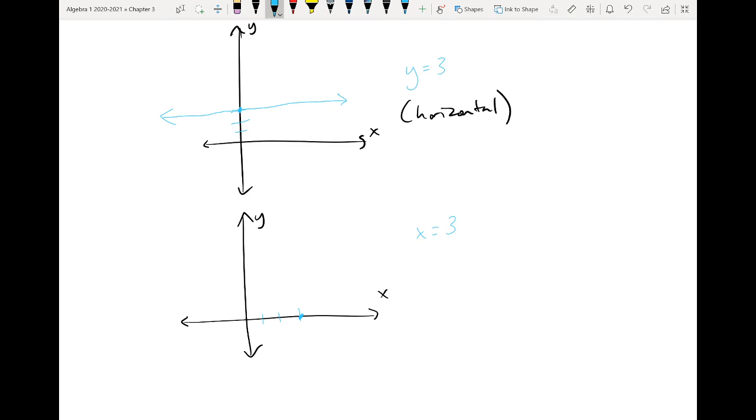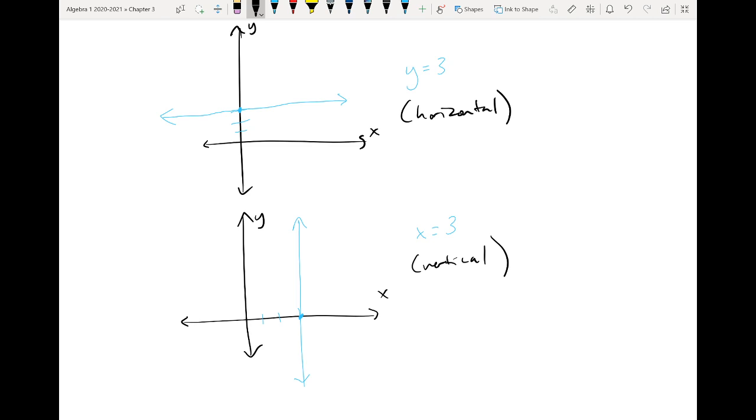And if I put a line through there where it's only equal to 3 and it's not going to touch the y-axis, it winds up being a vertical line. So it's a little bit of irony when we see these individually graphed lines that are just vertical or horizontal.